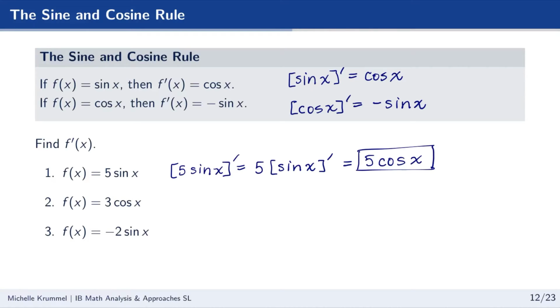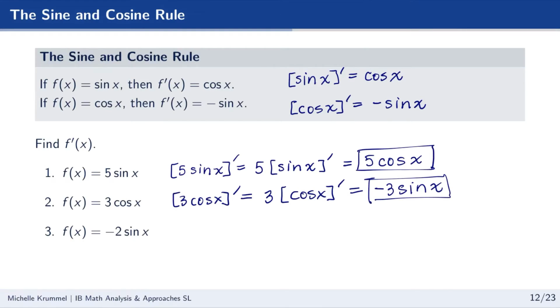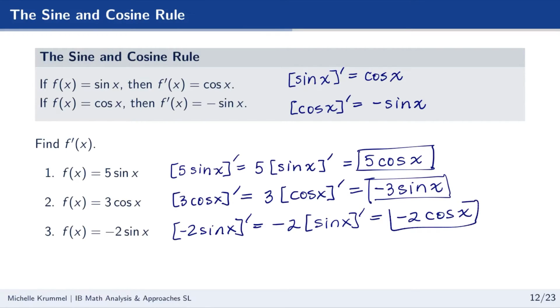The derivative of 3 cosine x would be 3 times the derivative of cosine x. And the derivative of cosine x is negative sine x. So we end up with negative 3 sine x. And the derivative of negative 2 sine x. Negative 2 is a constant multiple, so it's negative 2 times the derivative of sine x. The derivative of sine x is cosine x, so we end up with negative 2 cosine x.